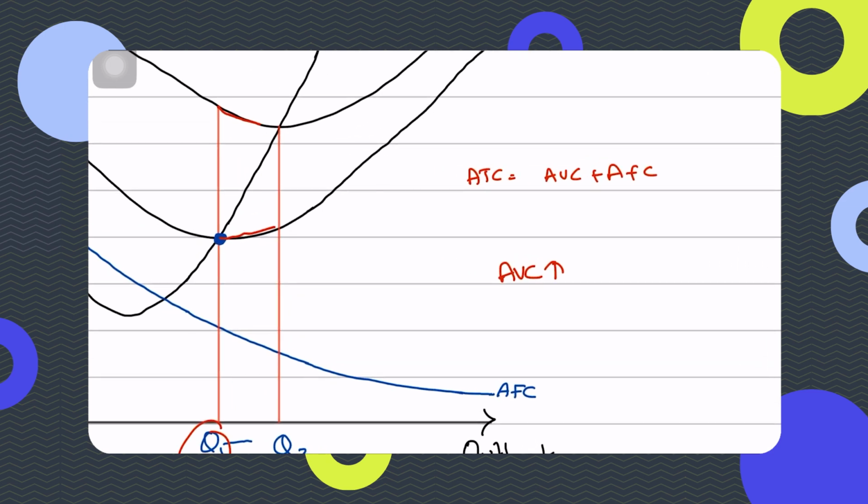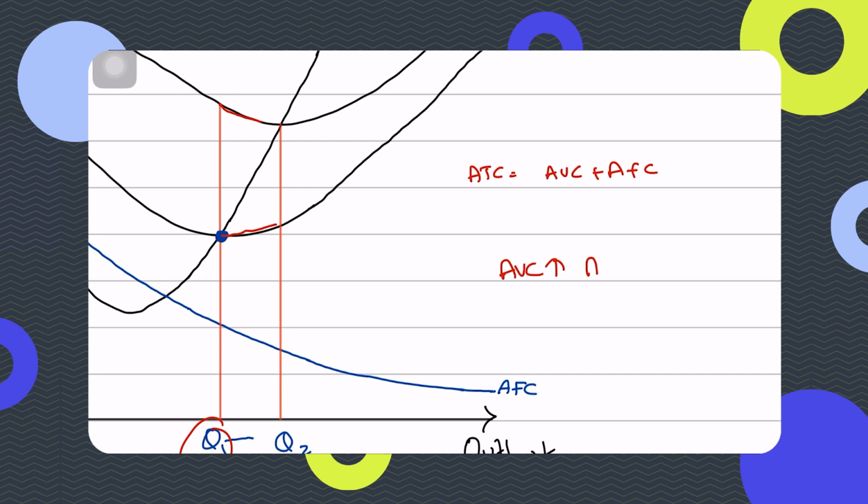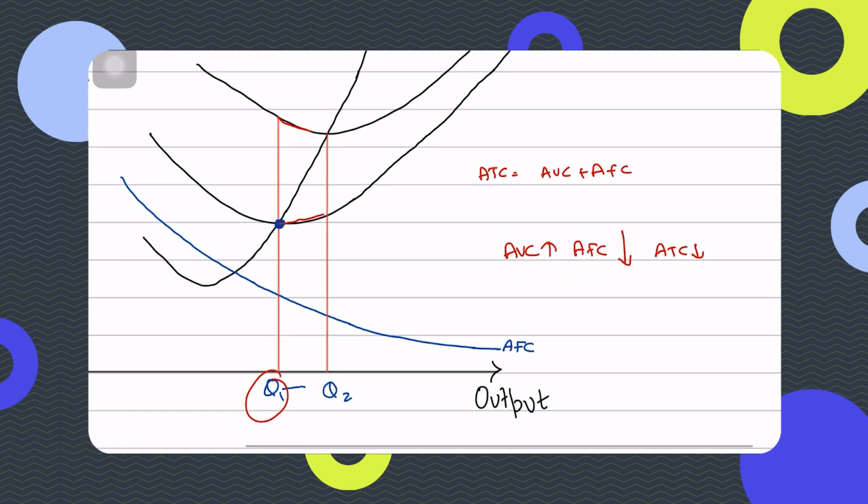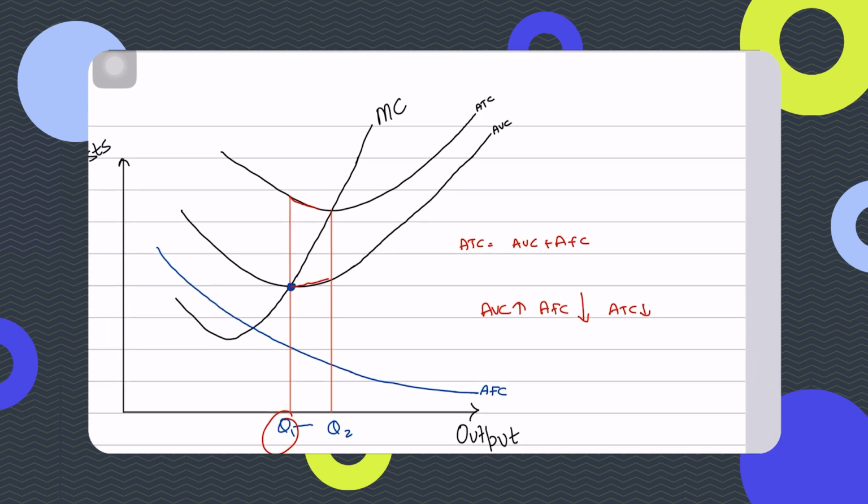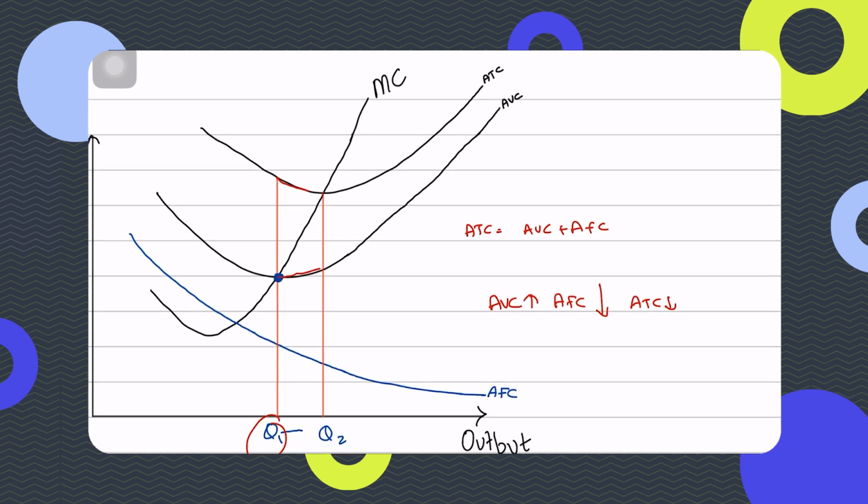The reason is that although AVC is going up, AFC is still going down quite significantly, bringing your overall ATC down. But after Q2, when MC touches the average total cost minimum point and ATC reaches its minimum, the decline in AFC slows down, and it stops offsetting the rising AVC.